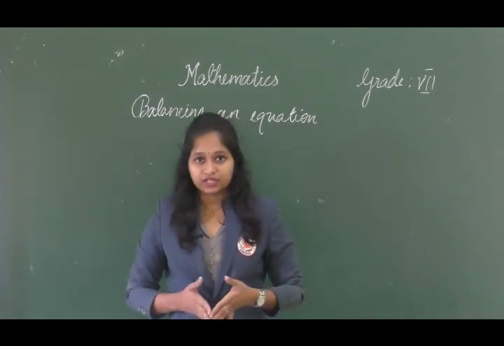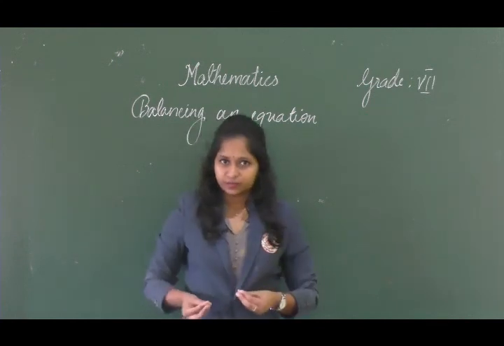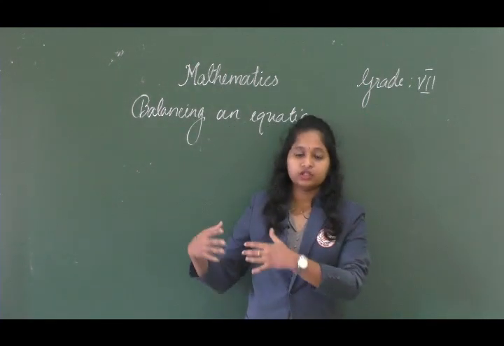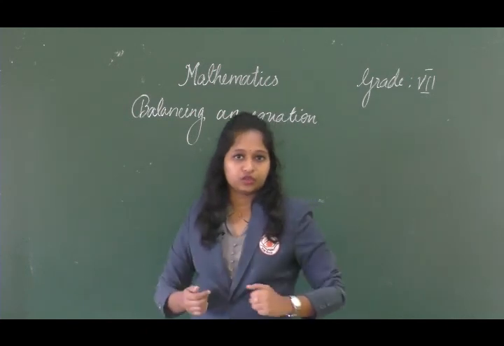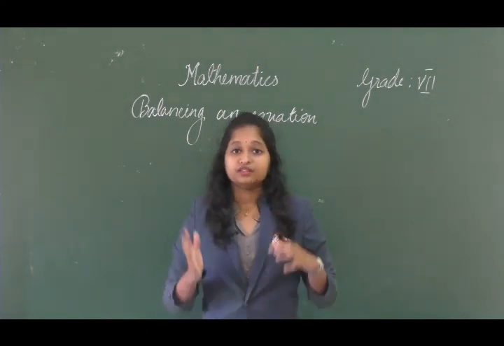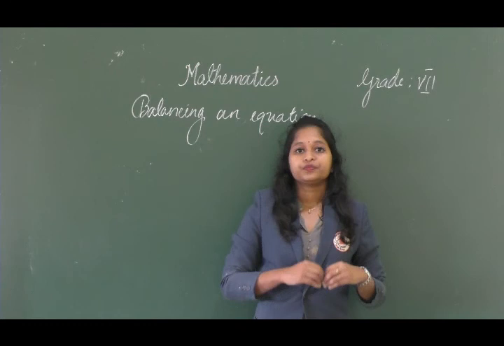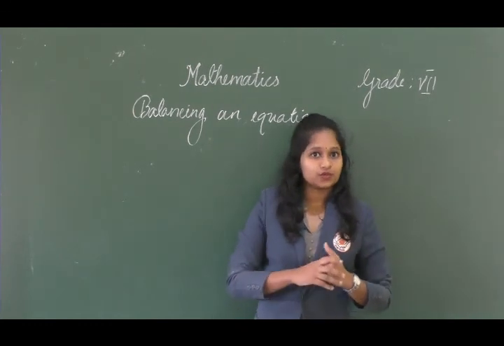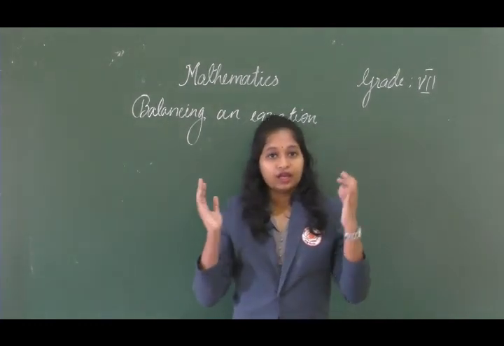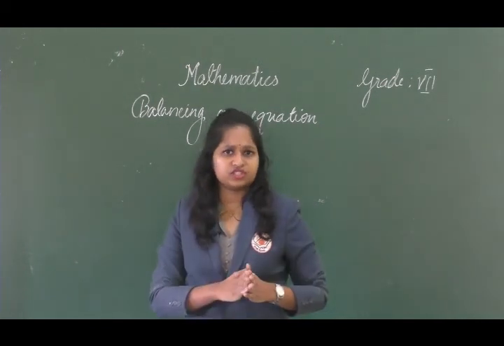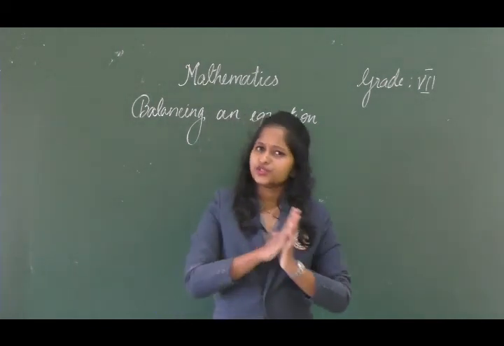In case of multiplication, if you multiply one number or variable to the right side of the equation, multiply the same number or variable to the left side also. And in the case of division, also do the same.